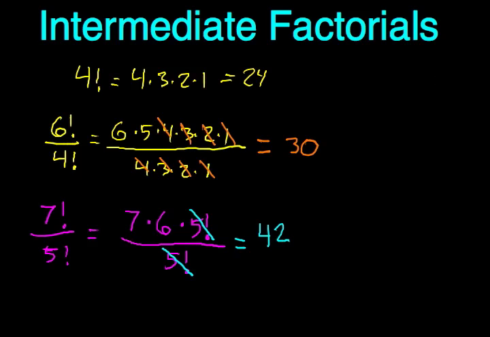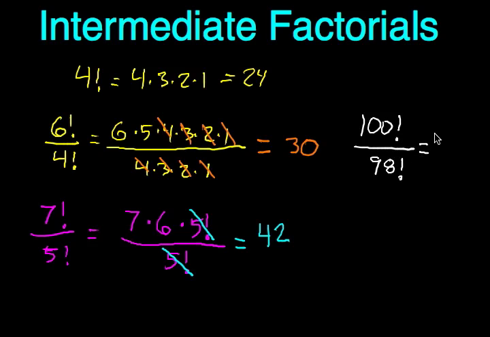And you could go on and on like this. Let's try a ridiculous example. Let's try 100 factorial all over, say, 98 factorial. Now, if you were to actually try this out, you'd get something in the millions.